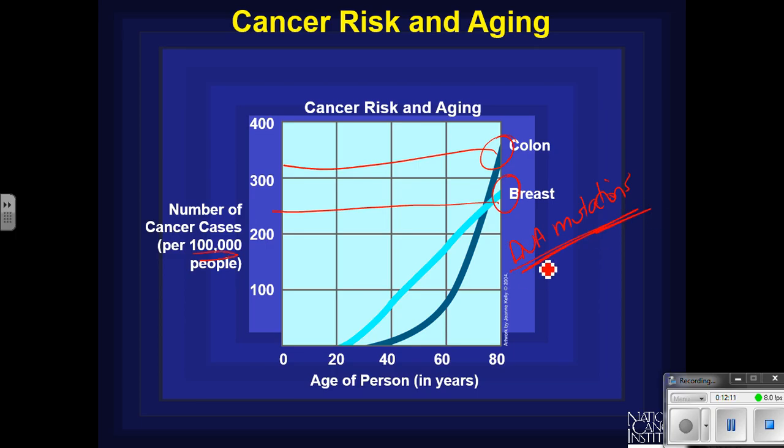Every time you go outside you're exposed to UV radiation, it's damaging your DNA. Well, the more damage you get, or the more accumulation of damage, the more likely it is you're going to get cancer. Somebody that's lived 80 years has acquired a whole lot more damage than somebody that has only lived 10 years. So that's one of the reasons that with most cancers, the incidence goes up the older you get.